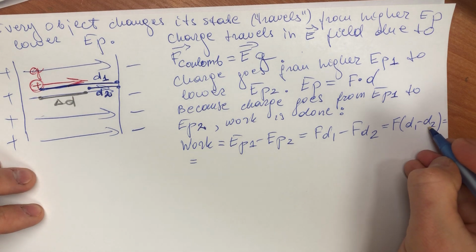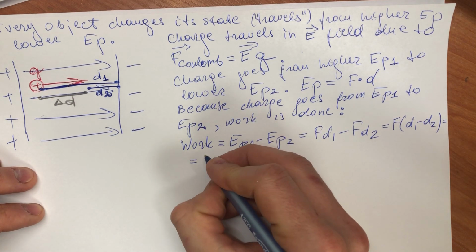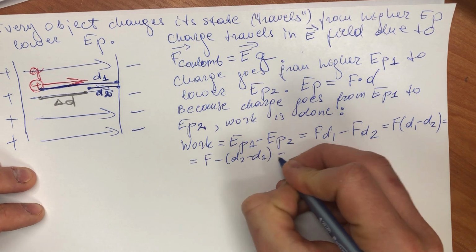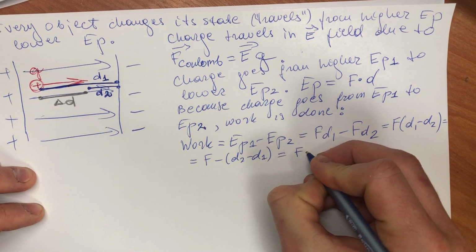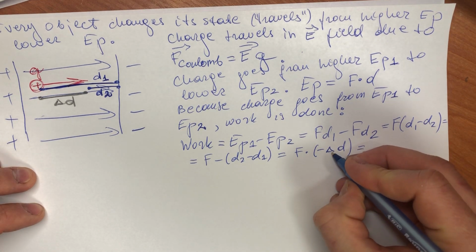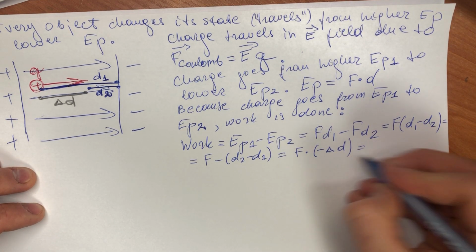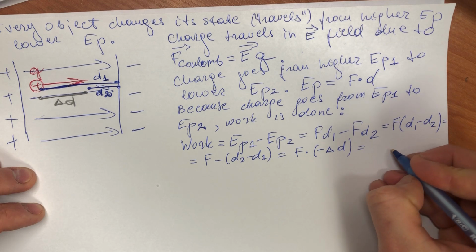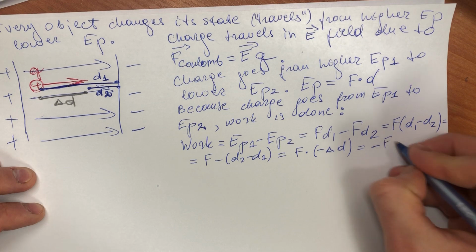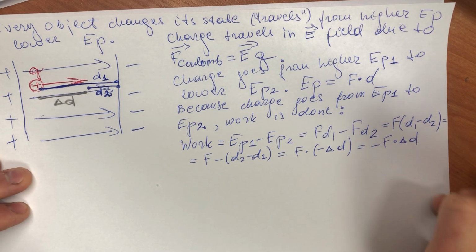If we write D2 minus D1, it is minus F times delta D, and because delta is change, it is D2 minus D1. From position number 2 we subtract position number 1, so it would be minus F times delta D.